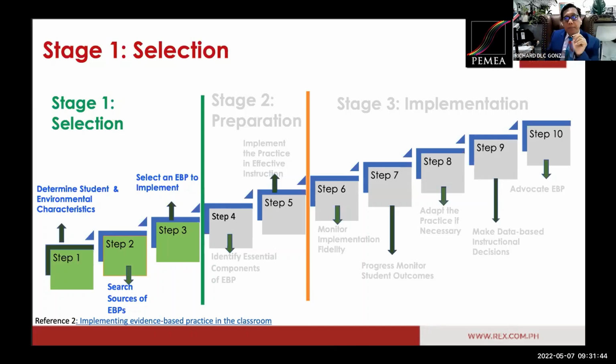Under step one, you need to conduct needs analysis, which is actually determining the environmental characteristics. For this activity, you can use existing data or collect new data to identify and prioritize the areas of need related to teaching, learning, and school management.